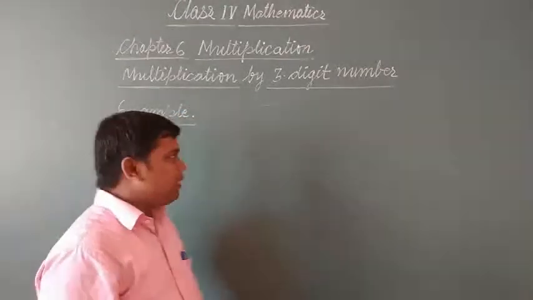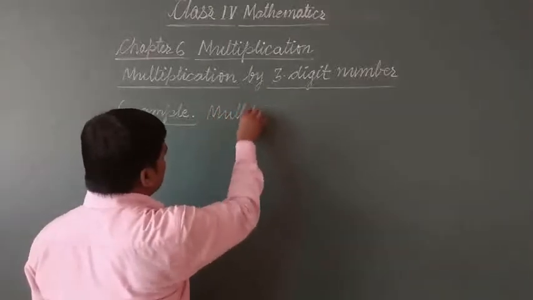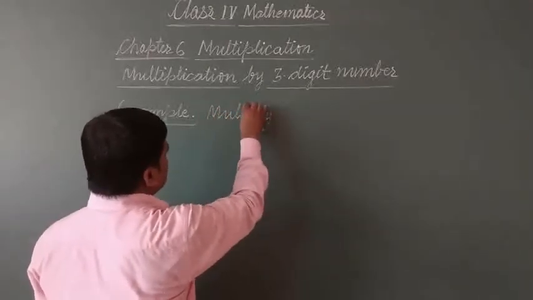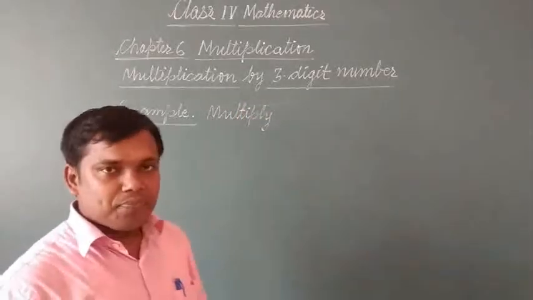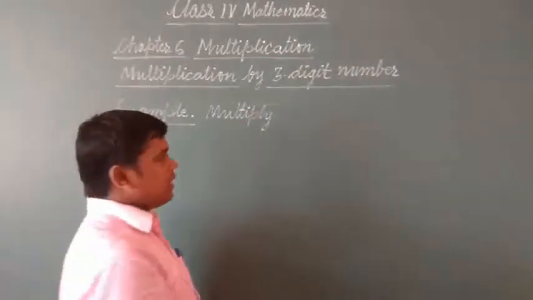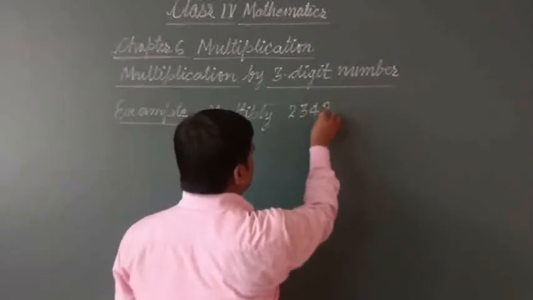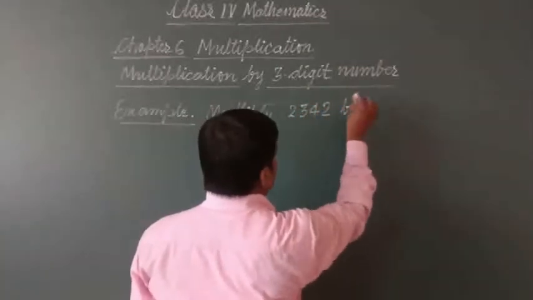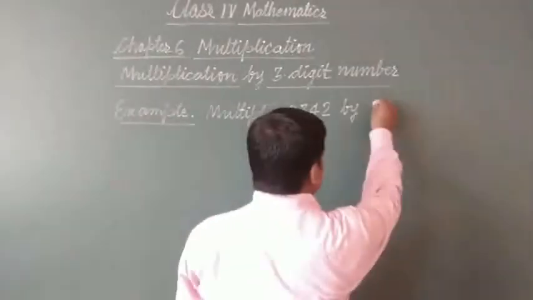Let the number be, or instruction here I am writing, multiply 2342 by 125.